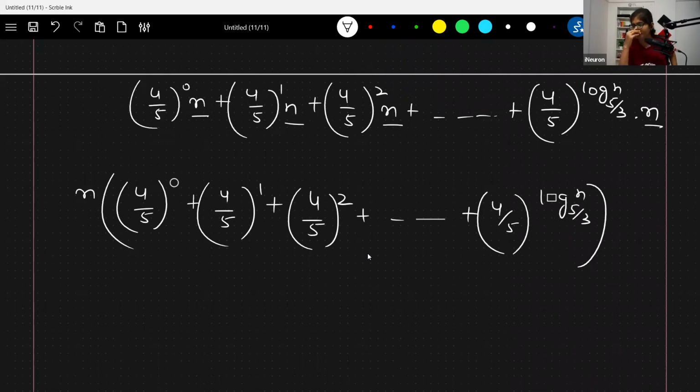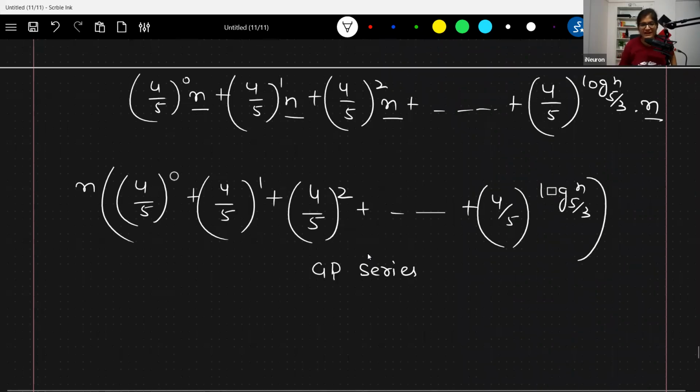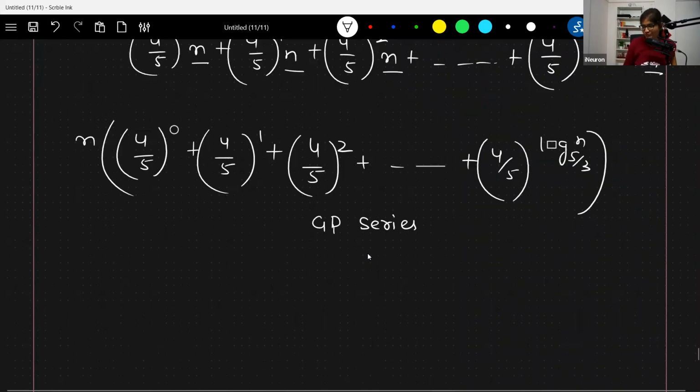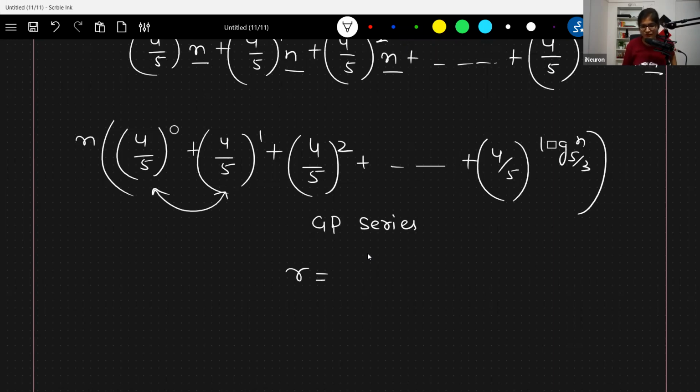What is this series called? GP series. If you observe, this is a GP series. What is the value of r, the common ratio? How will you evaluate? Just divide two consecutive terms. So the common ratio r equals 4/5.